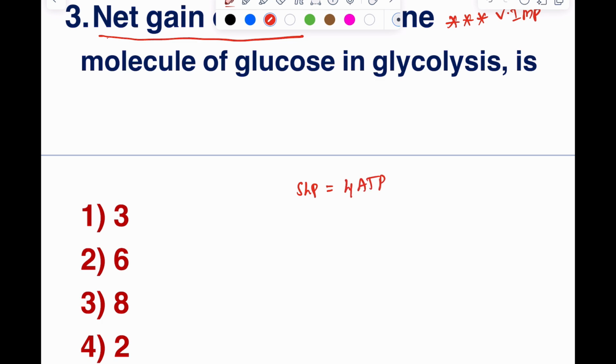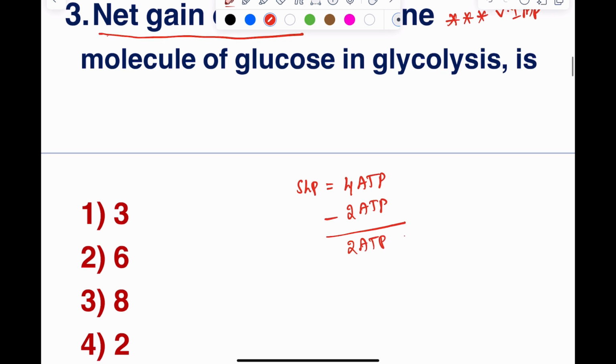Total produced ATPs 4. Out of 4, 2 ATPs are utilized. 4 minus 2, total 2 ATPs. It is net gain of ATP molecules in glycolysis.